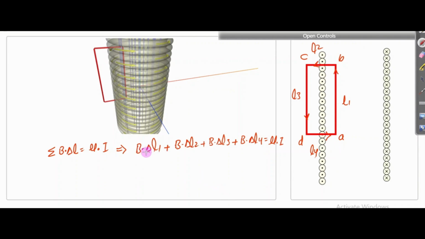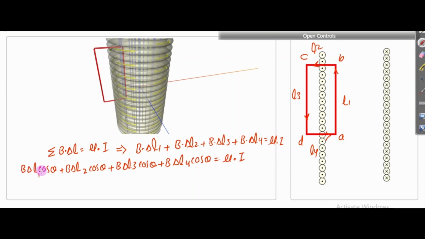Now B dot dL1 is actually a dot product, so this becomes B dL1 cos theta, plus B dL2 cos theta, plus B dL3 cos theta, plus B dL4 cos theta, which is equal to mu naught times I.